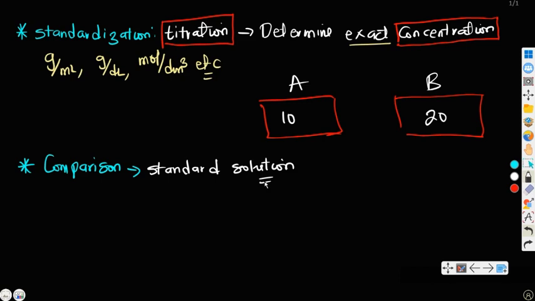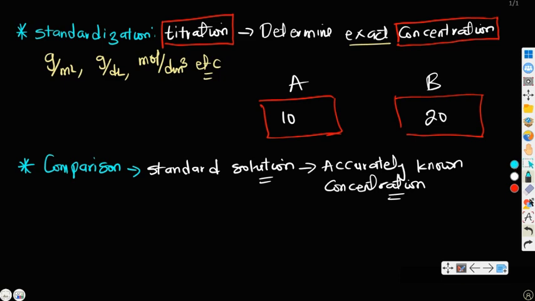Now the question is, what is a standard solution? A standard solution is that solution with accurately known concentration. Accurately known concentration. You call that what? A standard solution. Are you getting it now? You call this a standard solution.